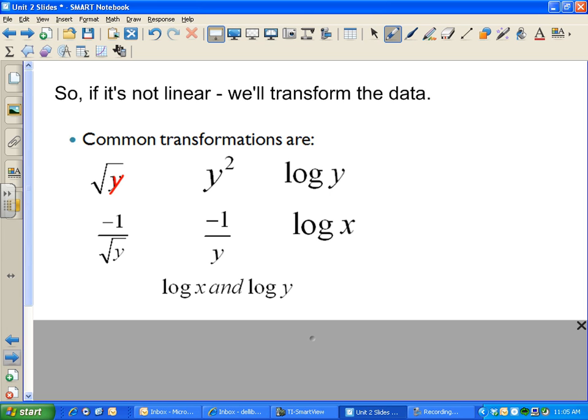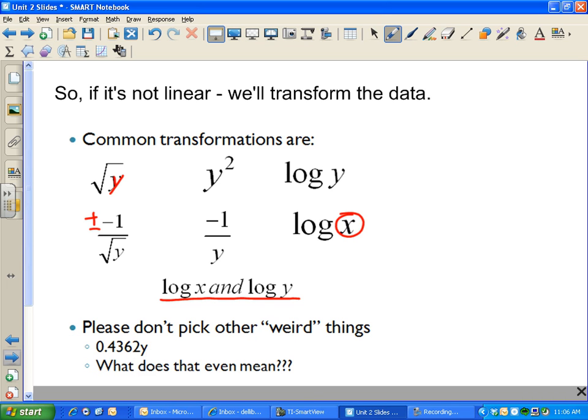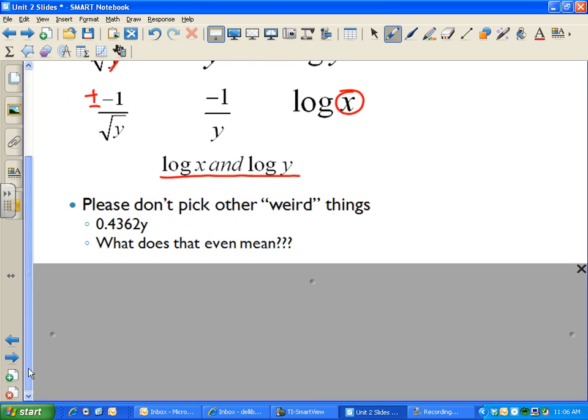The ones where we have 1 over y or 1 over the square root of y, these could be positive or negative. Either way works. And doing something to the x variable should be last on our list. Usually transforming y is sufficient. And taking the log of both, definitely last on our list. Please stick only to these transformations that I've given you and that are in your textbook. Don't pick other weird transformations.